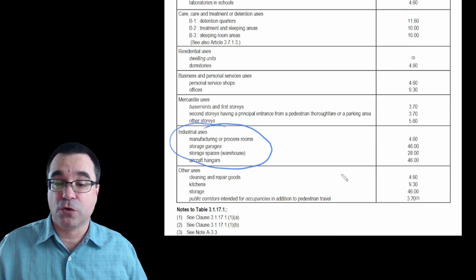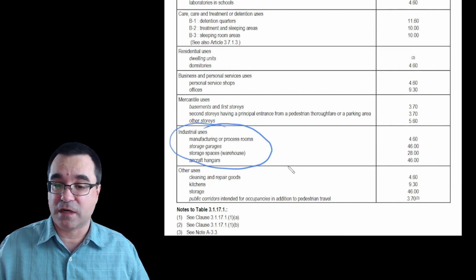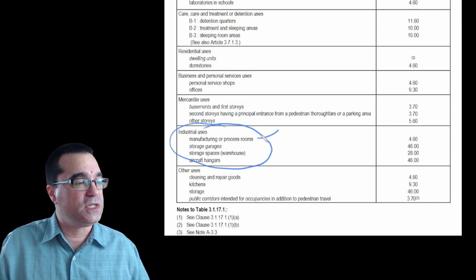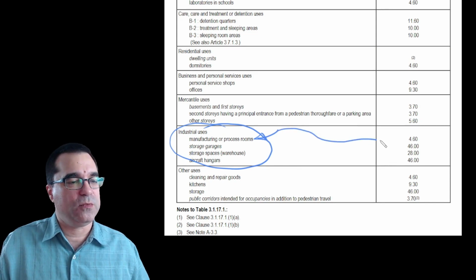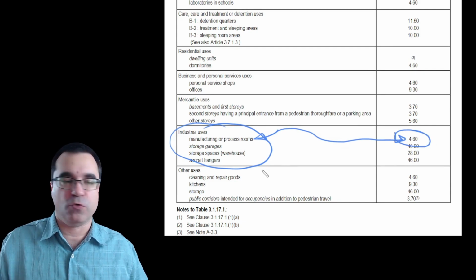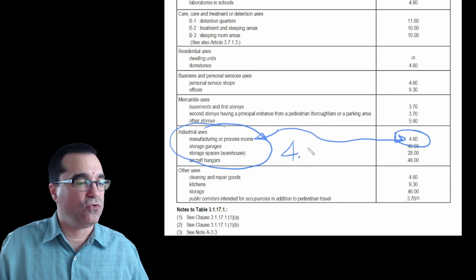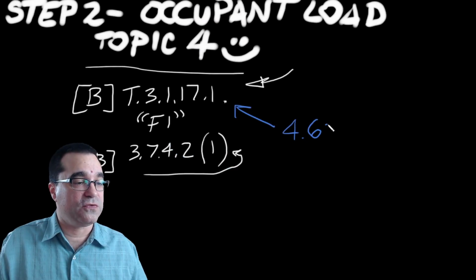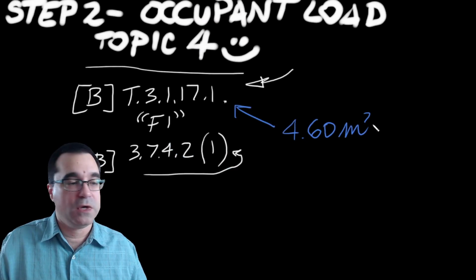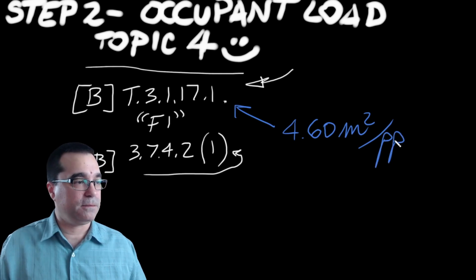And then we find the closest one among the available ones that are to a flour mill, which is manufacturing or process room. And then we find the corresponding occupant load factor, which is 4.6. Okay, so that's 4.60 meters squared per person. Okay, the occupant load factor is 4.60 meters squared per person.